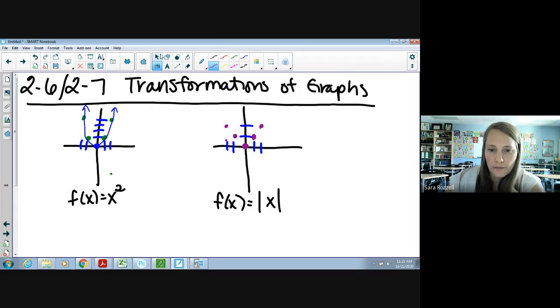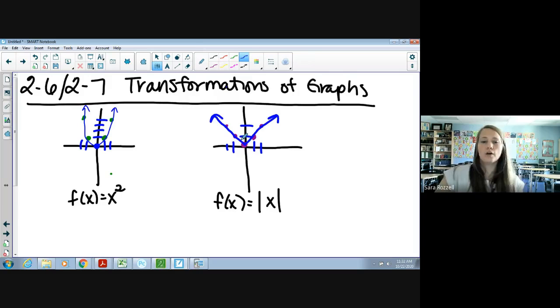This is a stray mark. I need to move that little tiny purple point. Go away. Nope. Guess I can't. Erase it. Okay. So this one is a V shape rather than a U shape. So to get your absolute value, once you know your vertex, to get your other points, our slope is 1, isn't it?